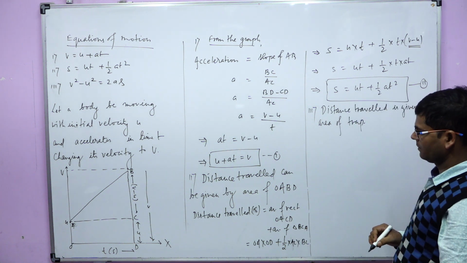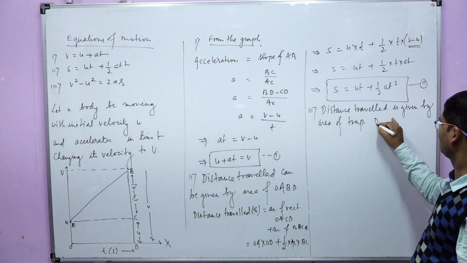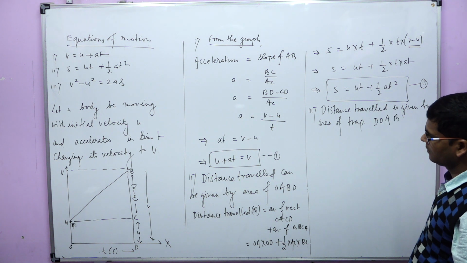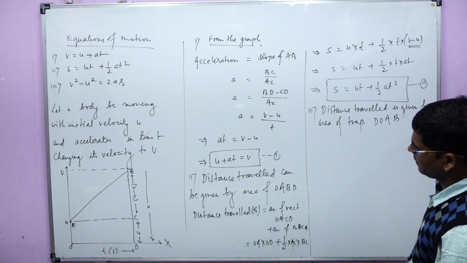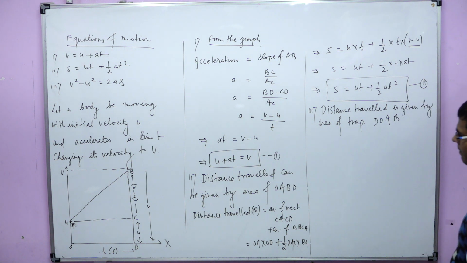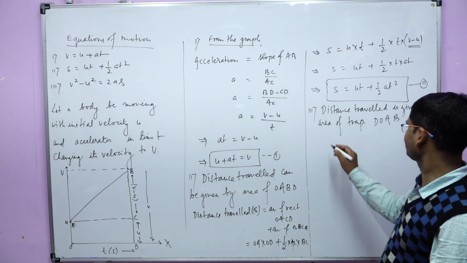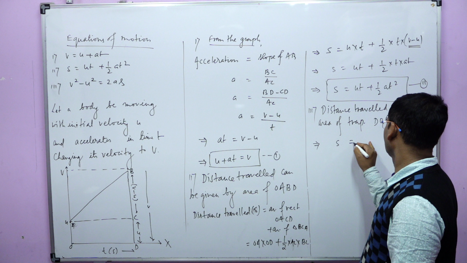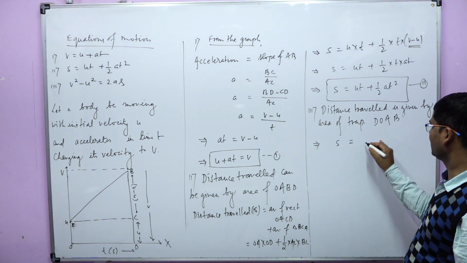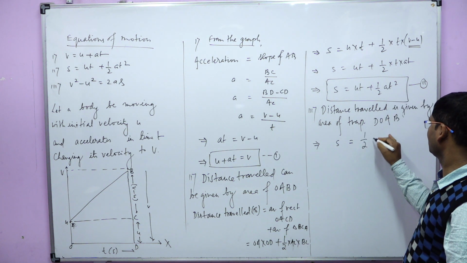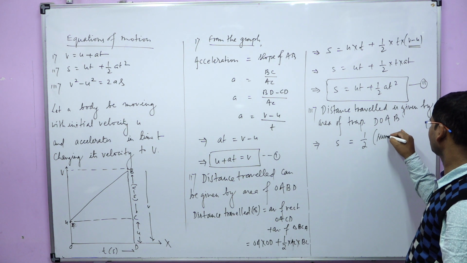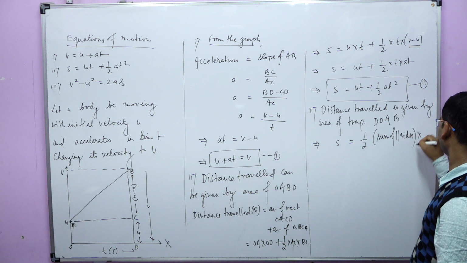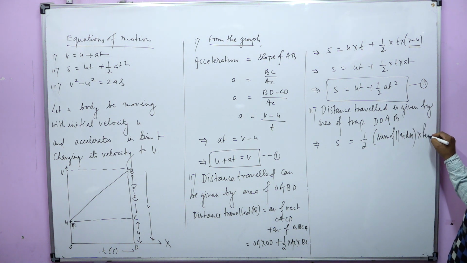Therefore, the area of trapezium DOAB. Now s, that is the distance traveled, is equal to the area of trapezium, half into the sum of parallel sides into height.